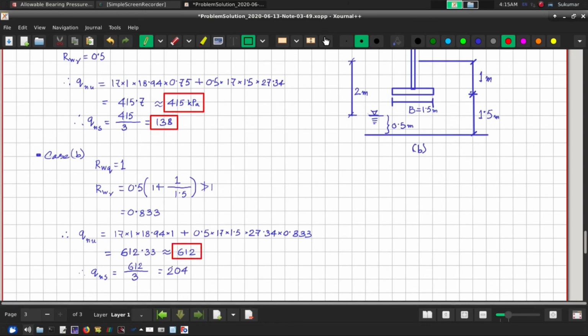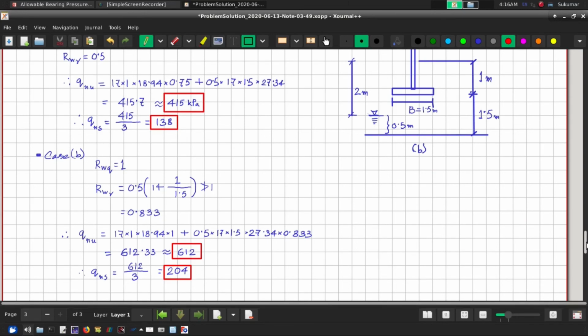You can see how the bearing capacity has changed. When the water table was at a great depth, the safe bearing capacity was 220. When the water table is at a depth of 2 meter, it is 204, and when the water table is at 5.5 meter depth from the ground level, then it has become 138.